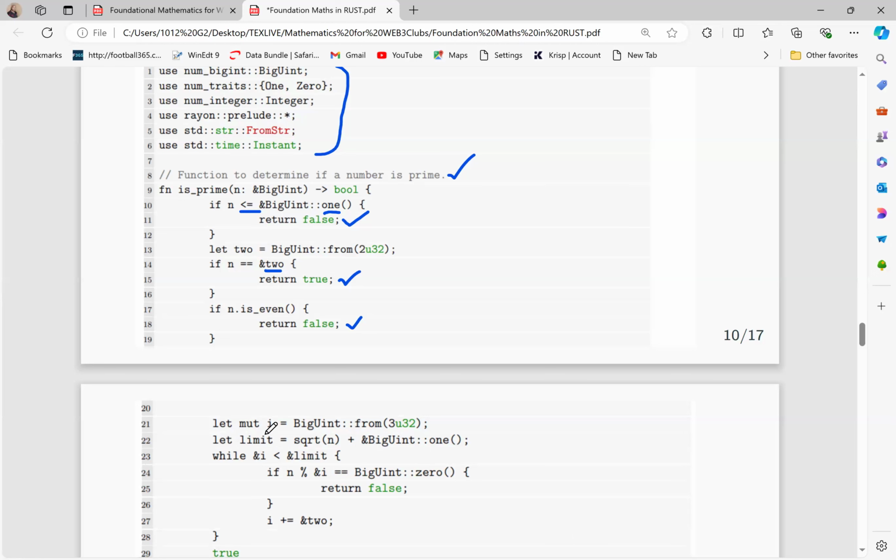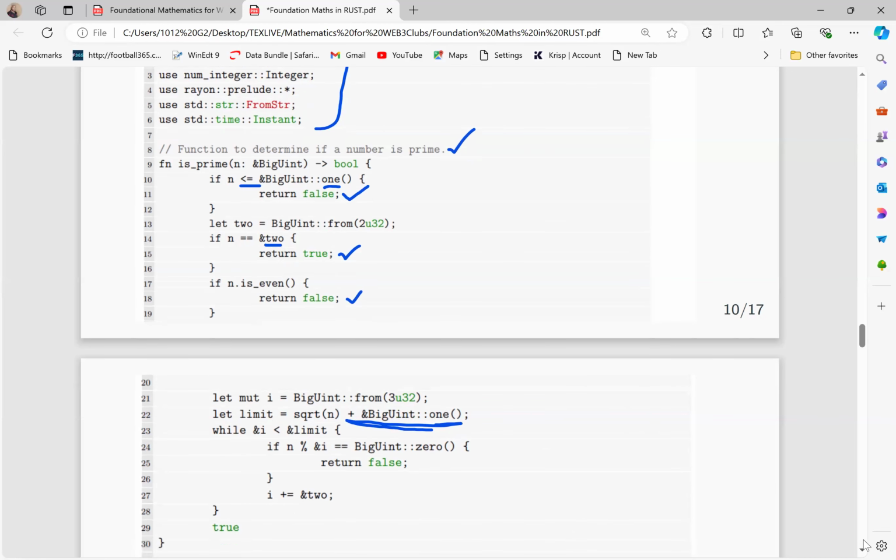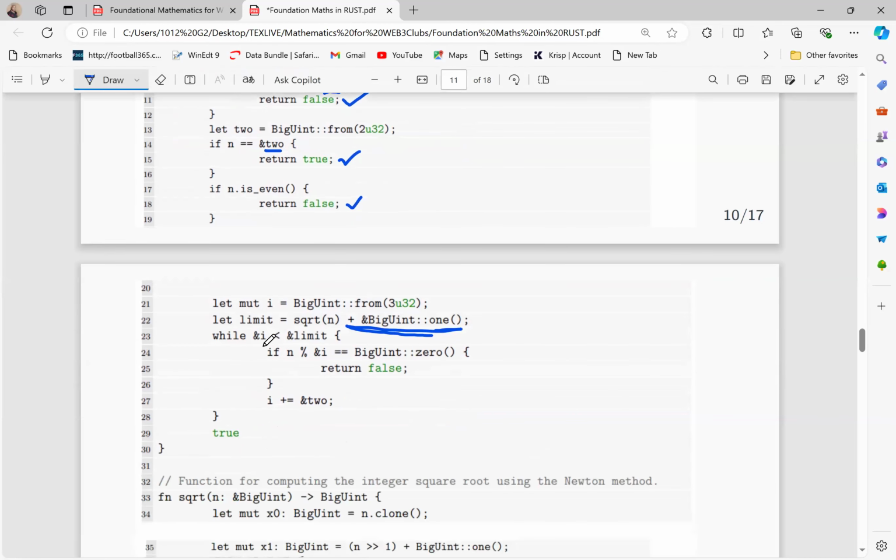It runs from the square root of n plus 1. That's what is here: square root of n plus 1. Now take i to be 3 from this point.